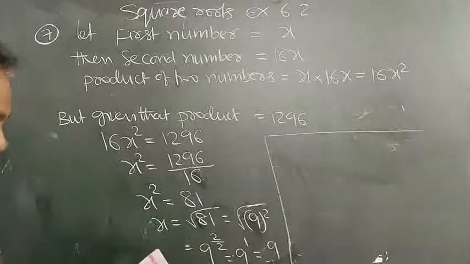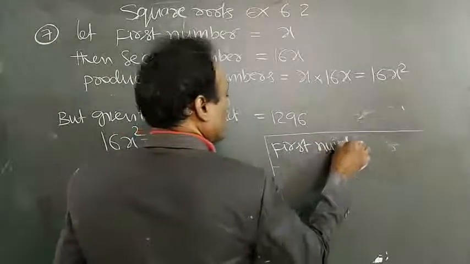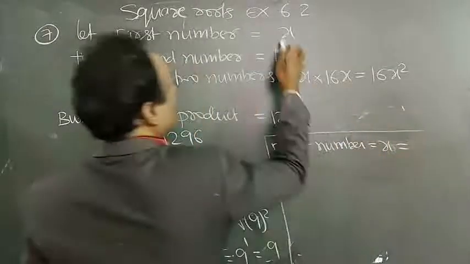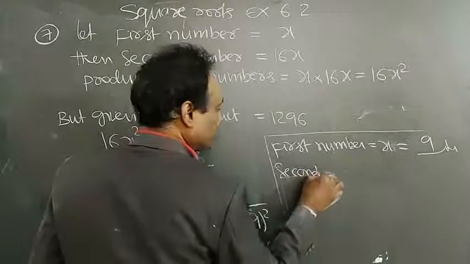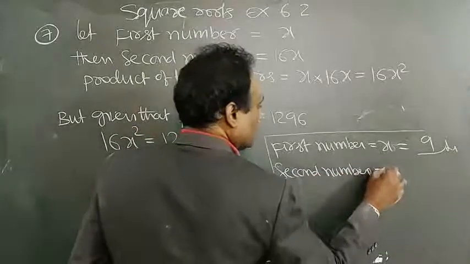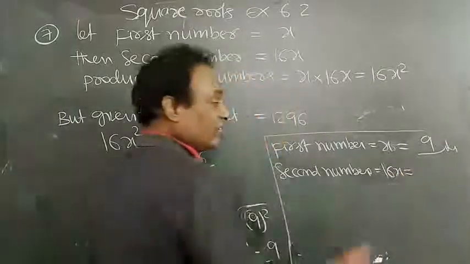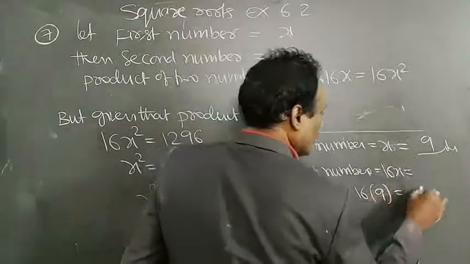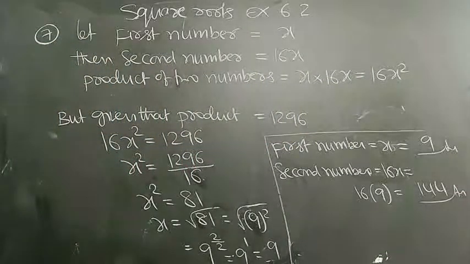Now, what is the question? Find the two numbers. First number is x, and x we got is 9. Second number is 16x, 16 into 9, that is 144.